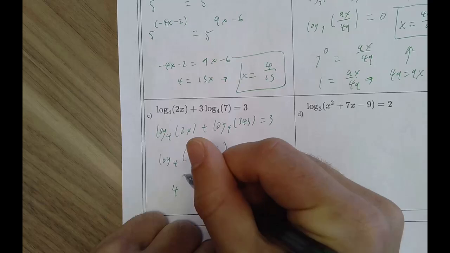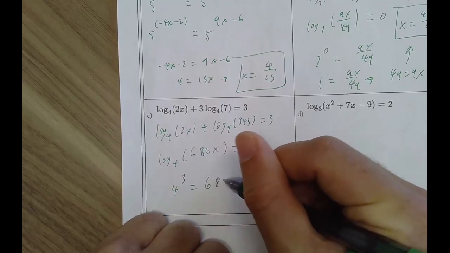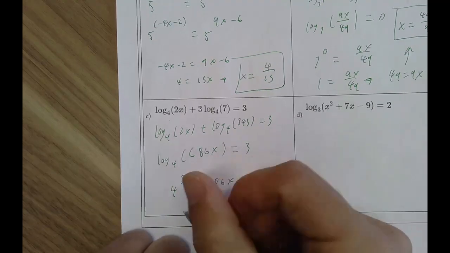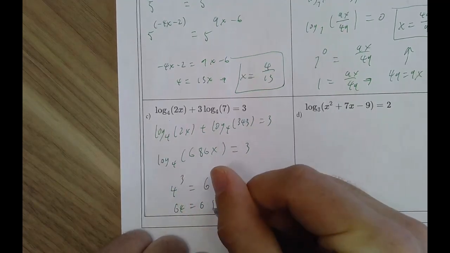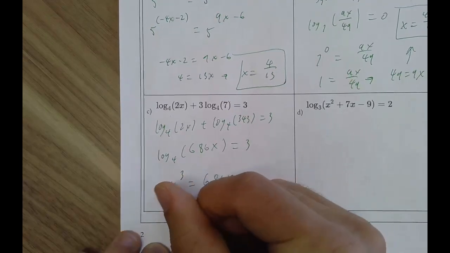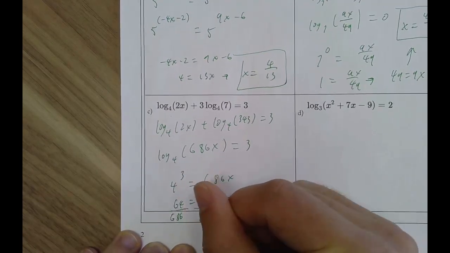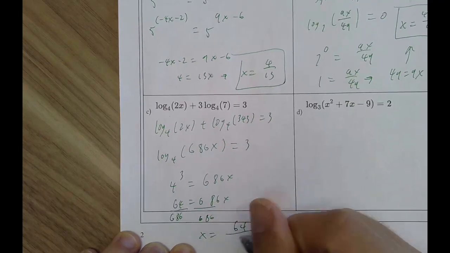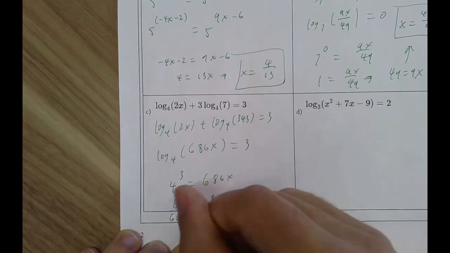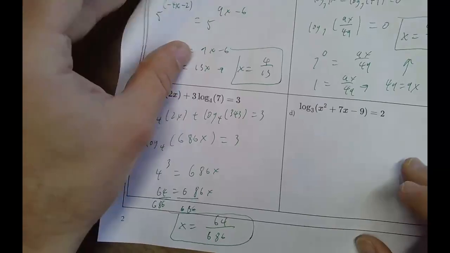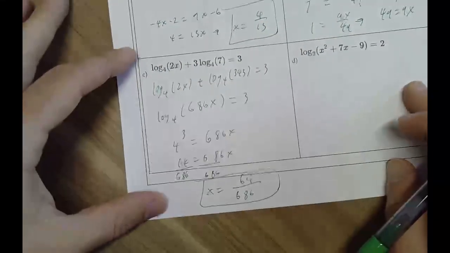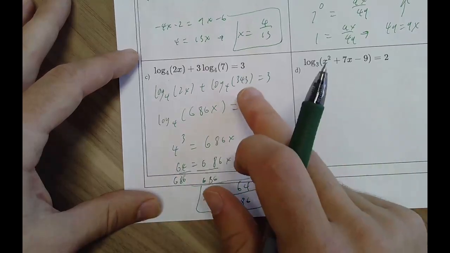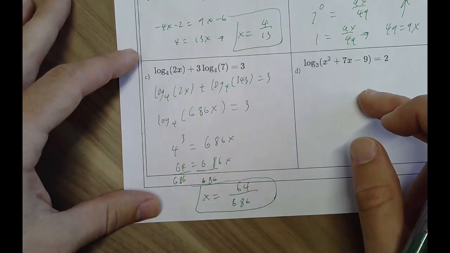That means 4 to the third equals 686x, so 64 equals 686x. Divide by 686, so x equals 64 over 686. Again, the numbers will be clean, and you would be able to use a 4-function calculator to do 4 to the third or 7 to the third.